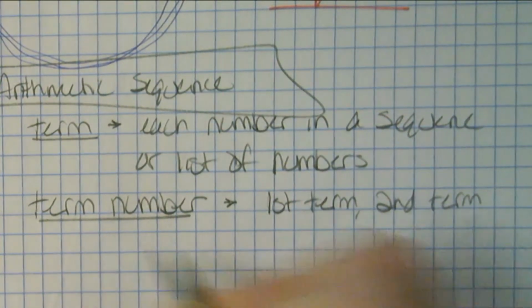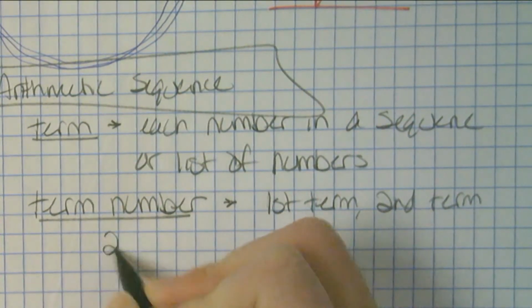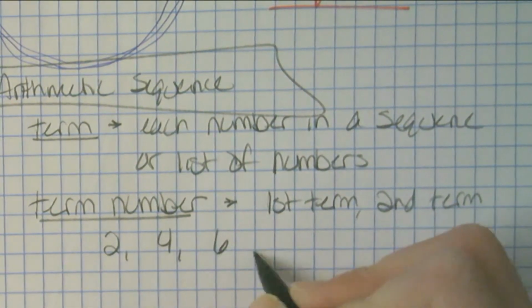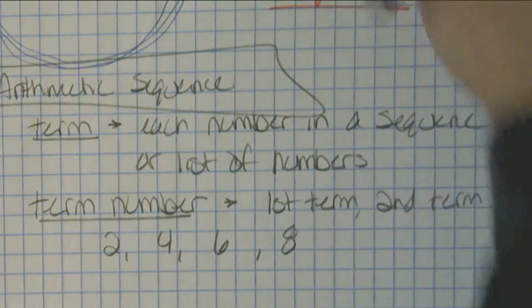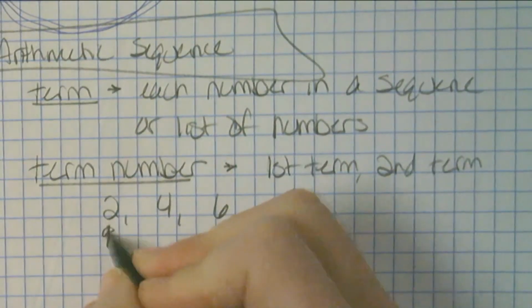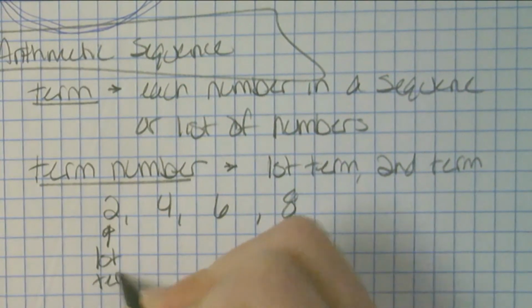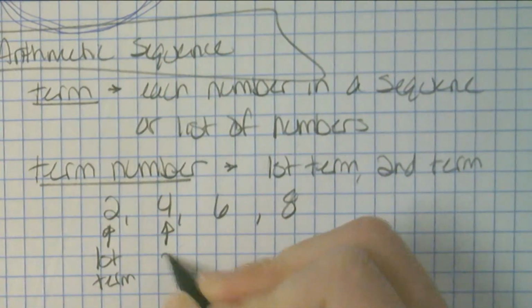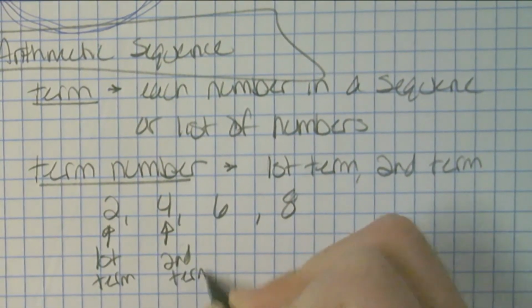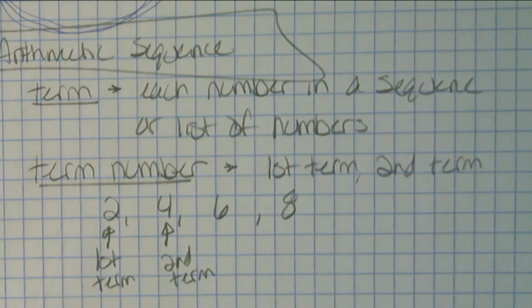So if I look at a list that's like 2, 4, 6, 8, 2 is my first term. 4 is my second term. Can you guys see what term number is? It's what place it is. It's the first one or the second one or the third one. You guys with me so far?